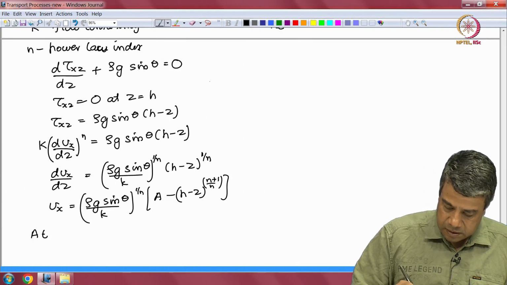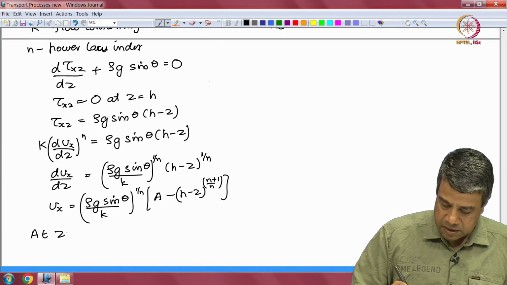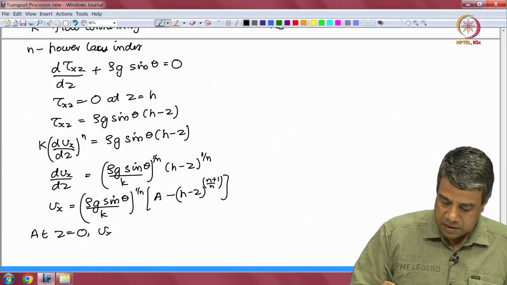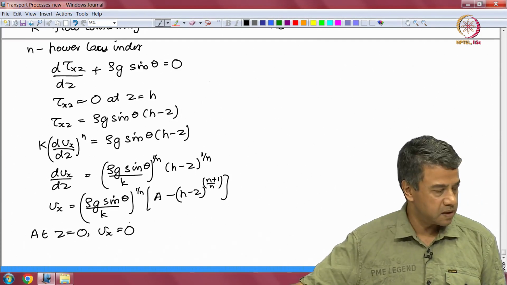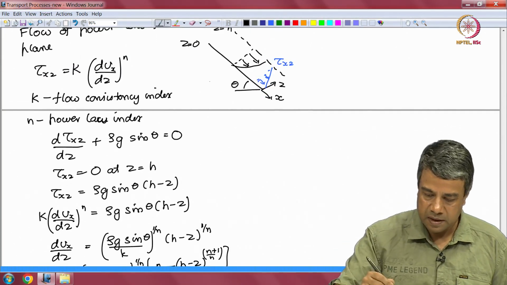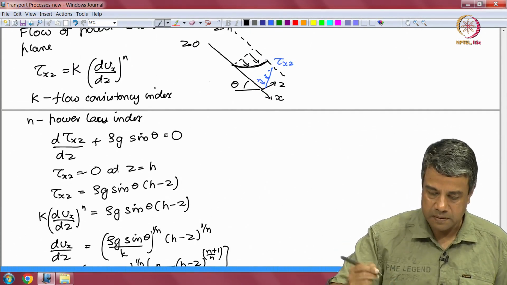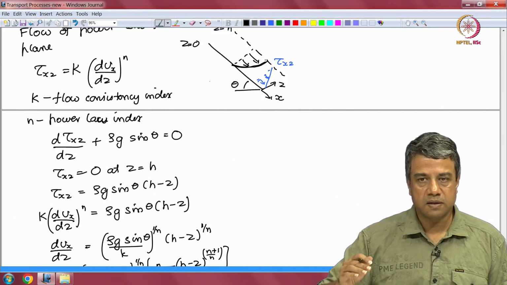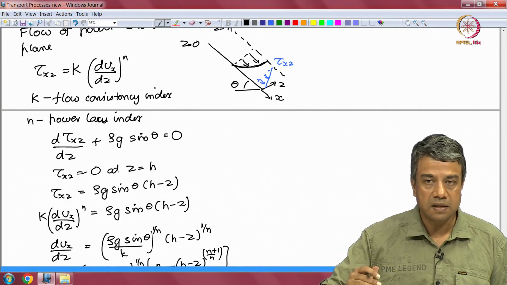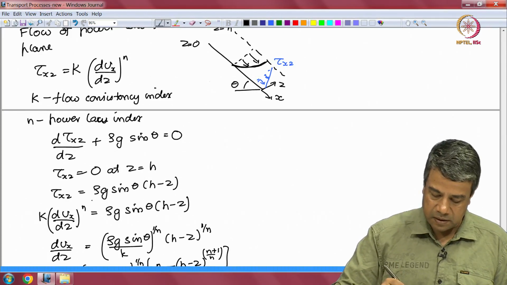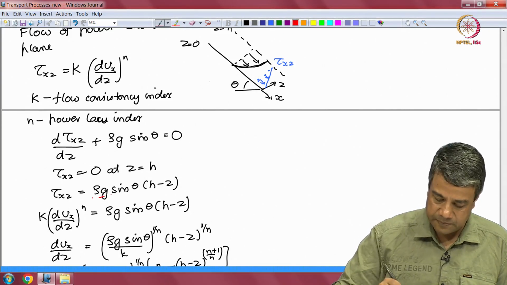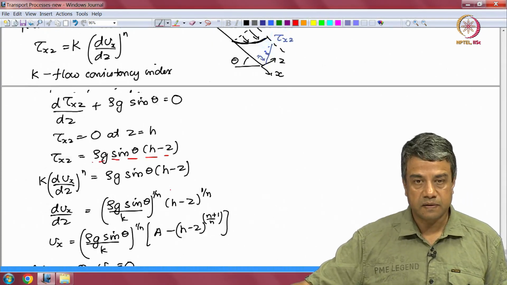At z is equal to 0, the velocity is equal to 0, the no slip condition at the bottom surface. The shear stress is 0 at the top surface. That condition has already been implemented when I got this expression for the shear stress. Now, I have to get the expression for the velocity.